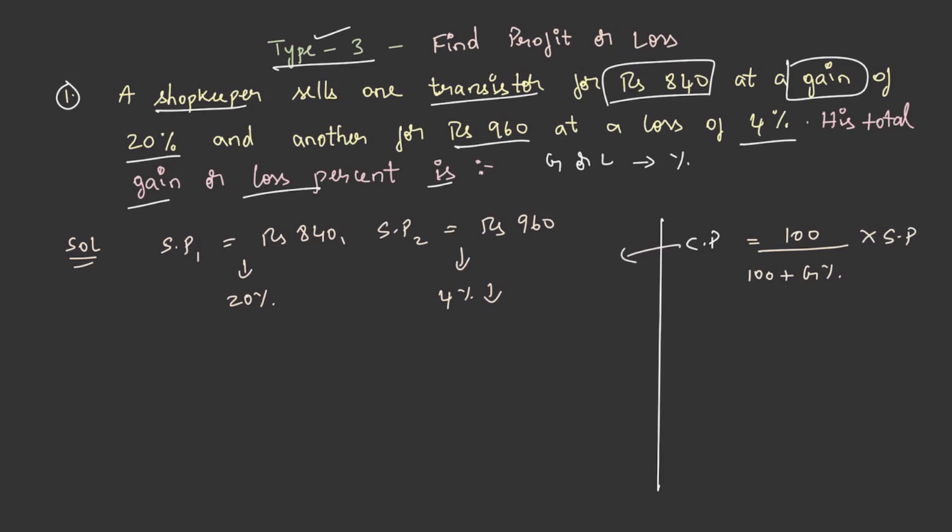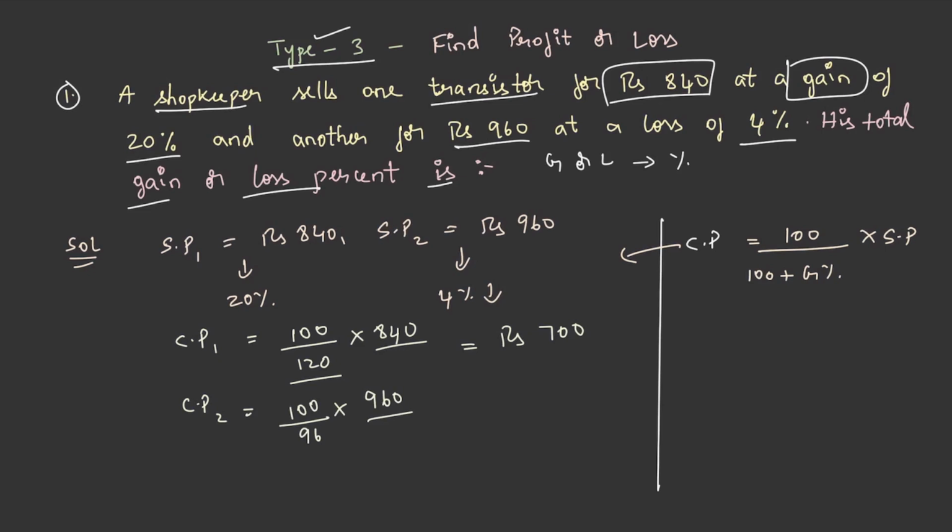On using this formula, the cost price of the first transistor is equal to 100 by 120 into 840, as there has been a 20% gain and the selling price is rupees 840. This gives us rupees 700. Now the cost price of the second transistor is 100 by 96 into 960, as the selling price in the second case is 960 and there has been a 4% loss, which is equal to rupees 1000.